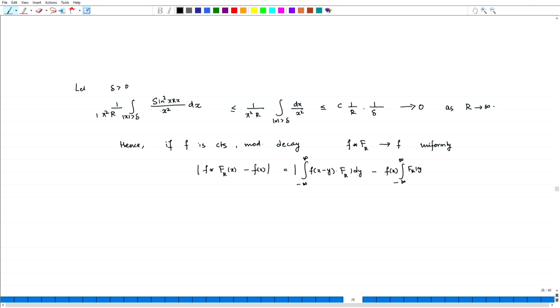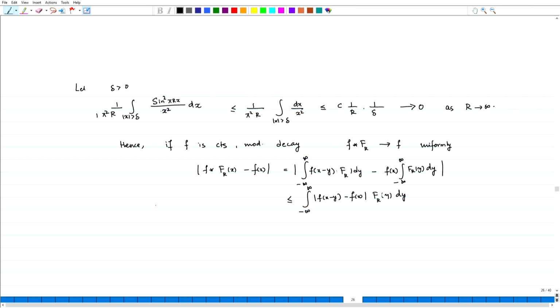This is the technique we used in the Fourier series case. So, this is less than or equal to the integral from minus infinity to infinity of mod of f of x minus y minus f of x, and then F_r of y dy.